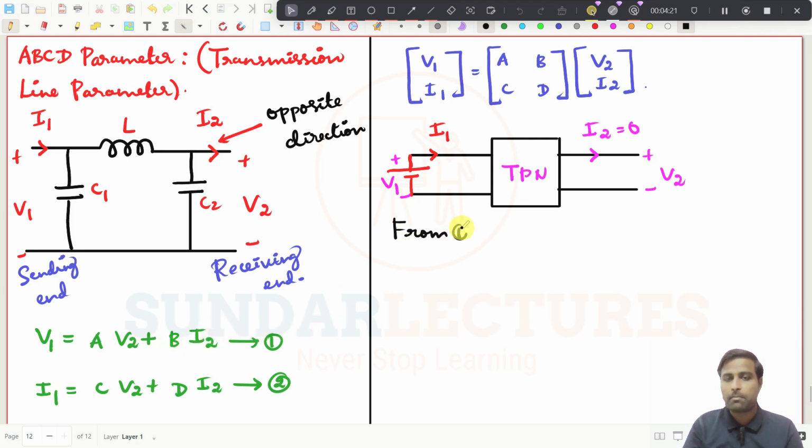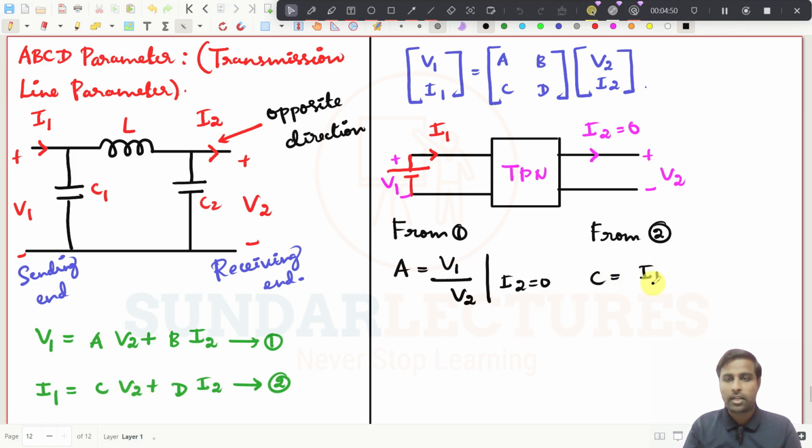So if I2 becomes 0, from equation number 1 this term becomes 0. So the A parameter will be nothing but V1 by V2, with respect to I2 equal to 0. And then from equation number 2, this term becomes 0, and C will be equal to I1 by V2, with respect to I2 equal to 0.